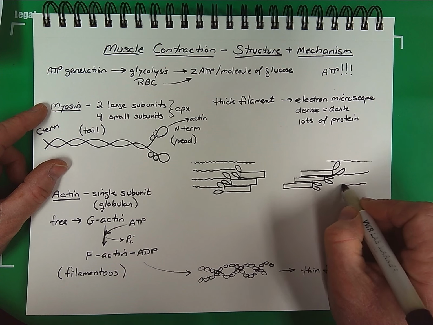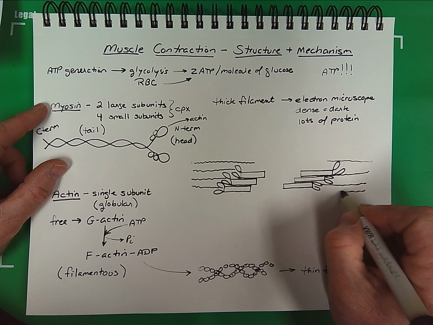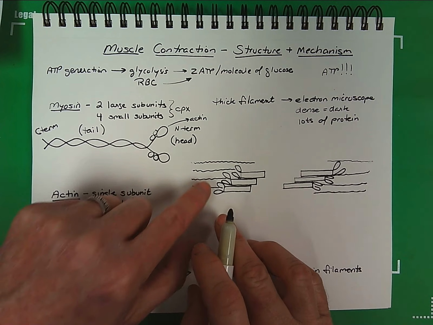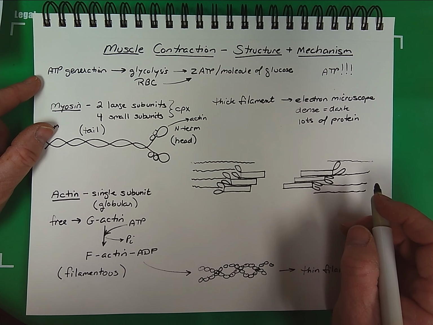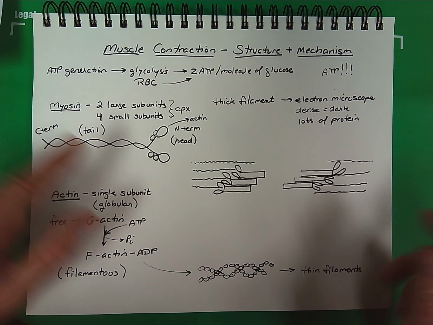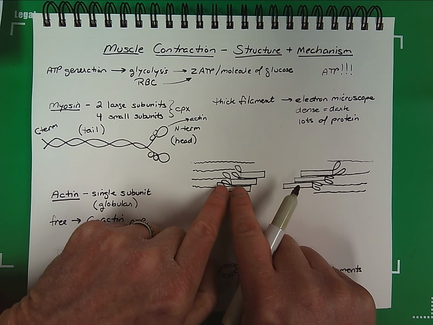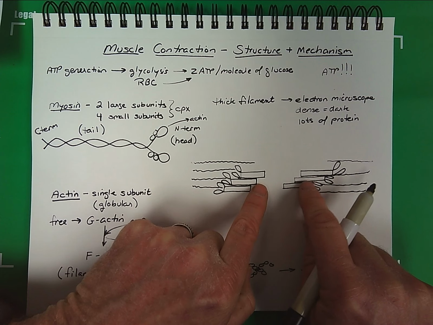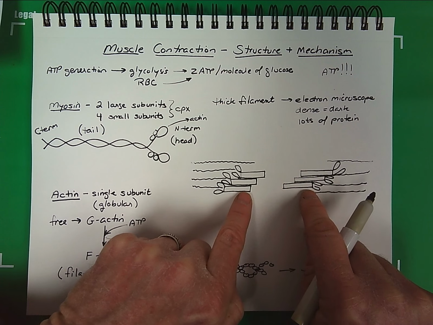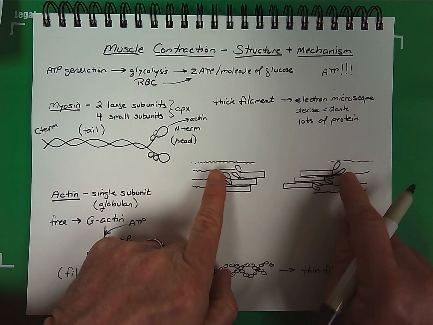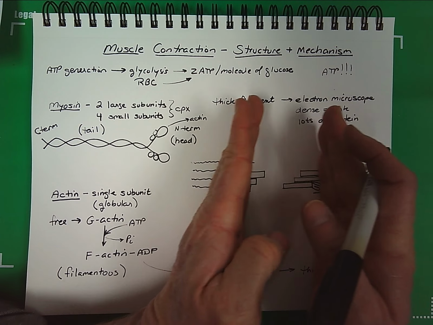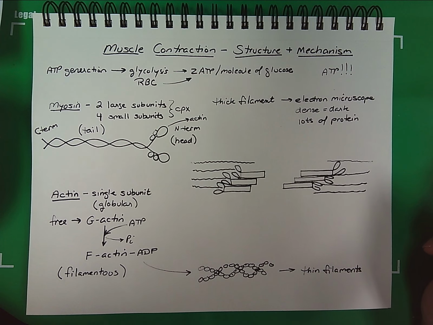In this way, we have the potential for interaction between the thin filaments and thick filaments. What we'll see in a minute is that these heads will interact with the actin, and because of the opposing direction of the thick filament of myosin complexes, these will pull the thin filaments in toward each other.